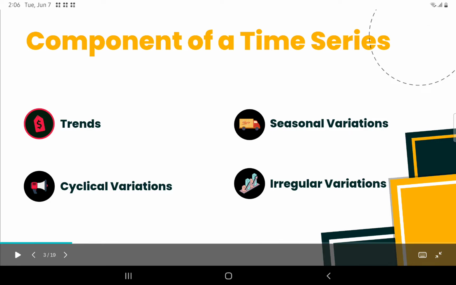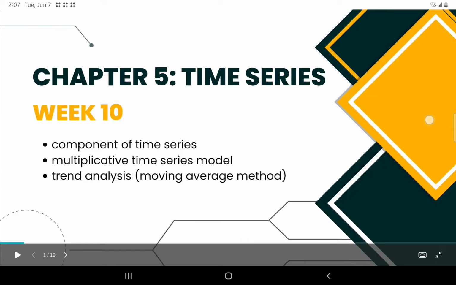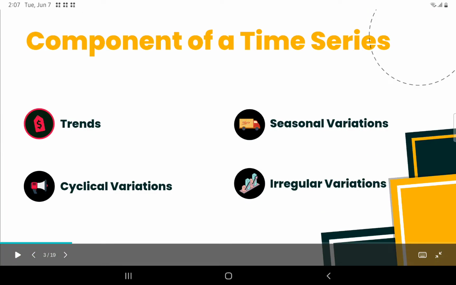These 4 components are the trend, seasonal variation, cyclical variation, and irregular variation. We will take a look at these components one by one.